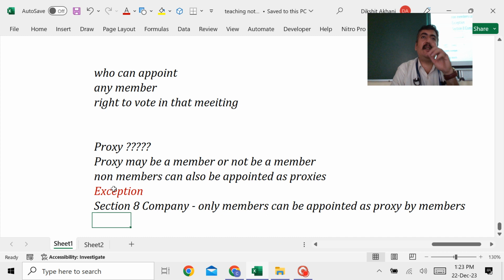That is the correct sentence. So only members should be allowed to be appointed as the proxy. No one else is allowed. Students, do you get what I'm saying? So that was some basic explanation about the meaning of proxy, who can appoint the proxy and who will be appointed as the proxy.